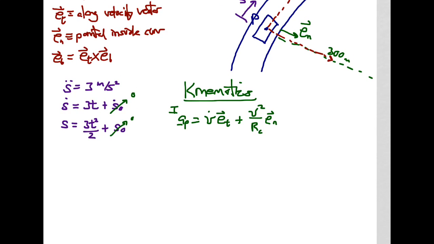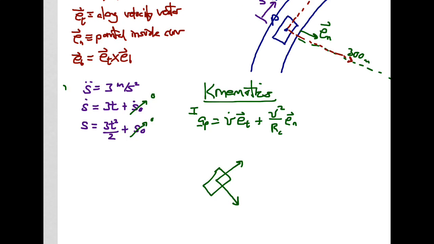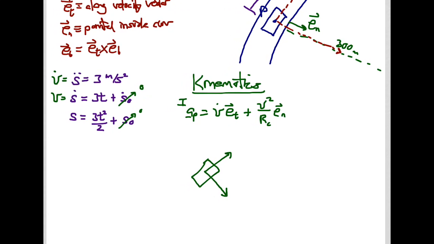And so when we draw a diagram of this, here's our car, and here's our tangential direction, and then here's our normal direction as shown on our picture. Then v dot is the same as s double dot, and v is the same as s dot, because that's our speed and our acceleration along that path.